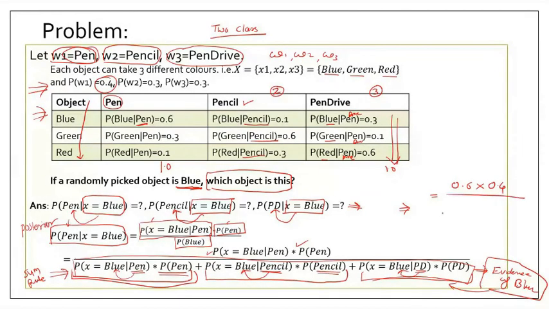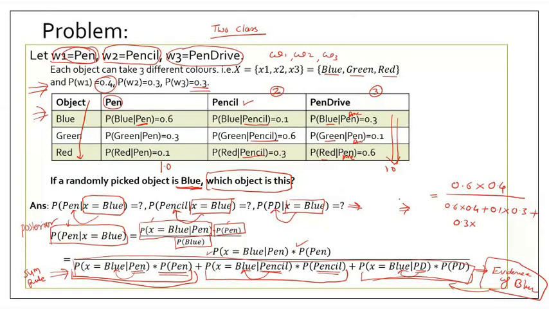Now divided by the first term, same thing, 0.6 into 0.4, plus given the pencil, if it is of blue color, then the chance is 0.1 multiplied by the chance of the pencil itself. So pencil is, I think, 0.3, plus. Then you have a pen drive with blue color. So go to the column of pen drive and see what the blue color chance is. It is 0.3 multiplied by the chance of pen drive itself.